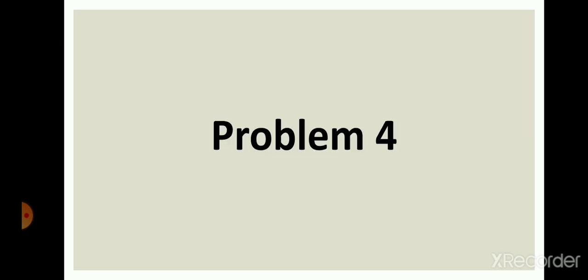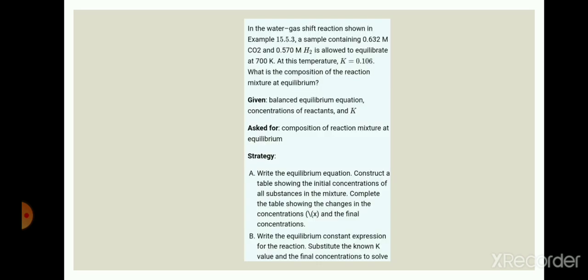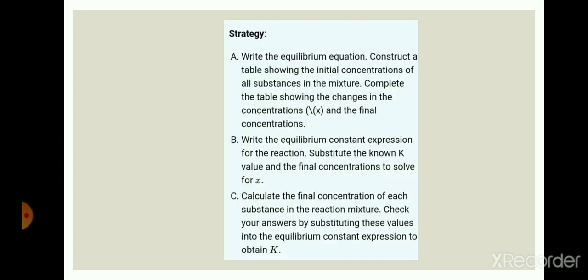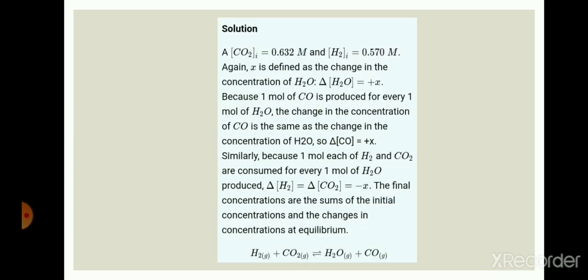Now on to problem number 4. In this problem, the given is the balanced equilibrium equation, the concentrations of reactants, and K. What is asked is the composition of the reaction mixture at equilibrium. Here is the strategy, and then the solution.